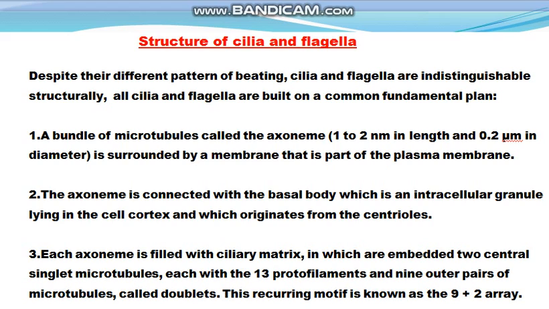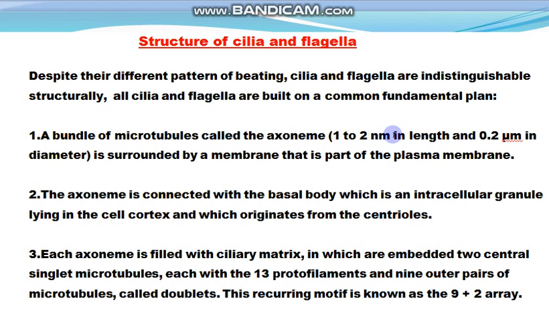The shaft or the axoneme is the main part that projects outside the cell, which we see with our eyes. That portion of the cilia or the flagellum which projects outside is known as the shaft or the axoneme. If we see the transverse section through the axoneme, we see a bundle of microtubules which forms the axoneme.